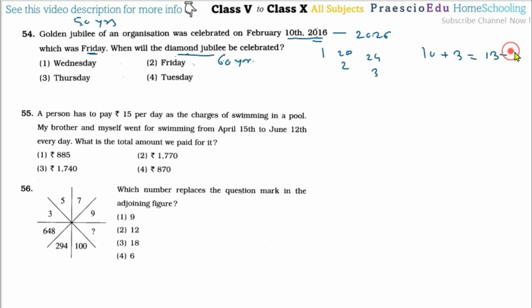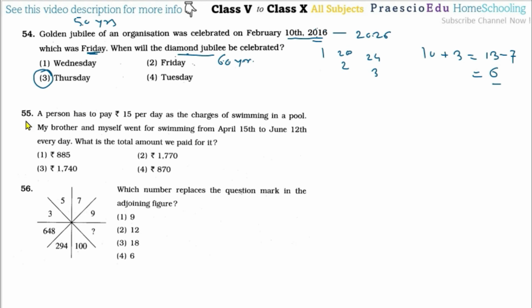So we have to go 6 days from this Friday. If we count 6 days from Friday, that is Thursday, in the next week, because Friday to Friday is 7 days, but we have to count 6 days. So Thursday will come, which is option number 3, the correct one.